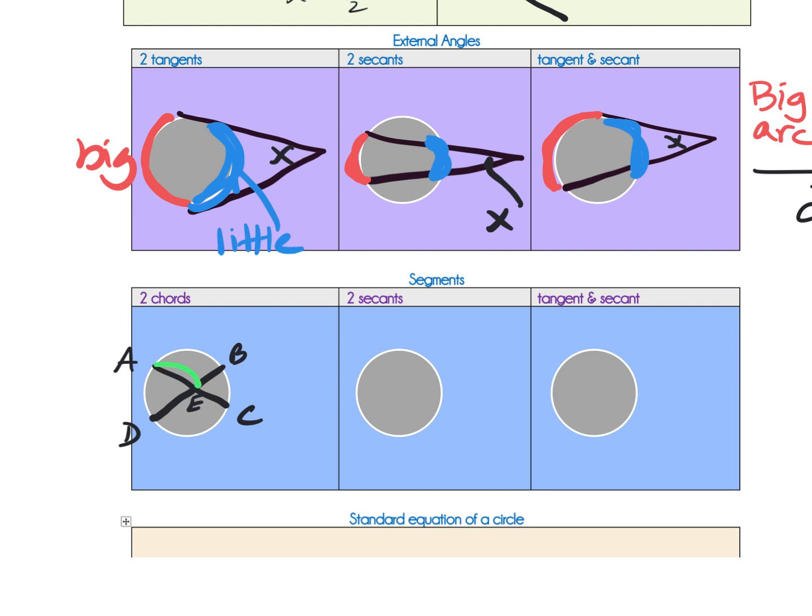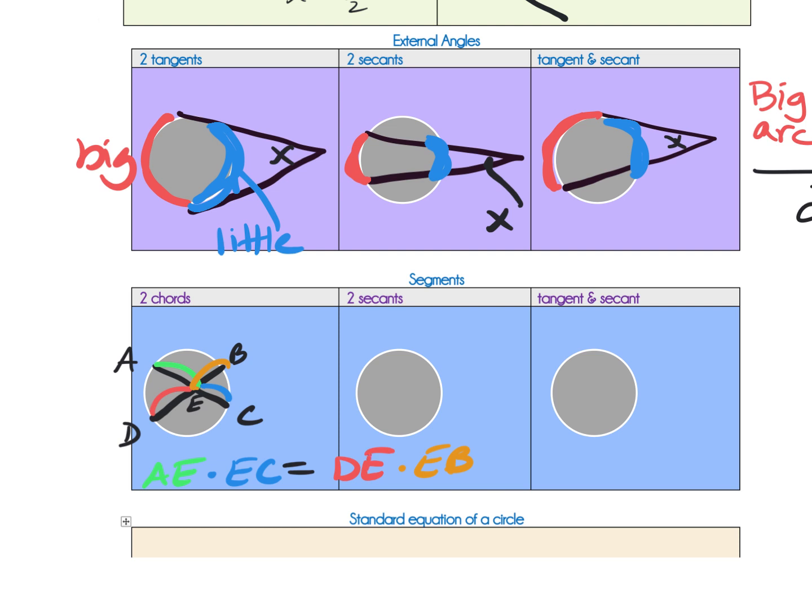So I have that little piece here of AE, and when I multiply it with its other segment, EC, it's going to equal the other chord's product, DE times EB. These products of the segments are what's congruent. The chords are not congruent.